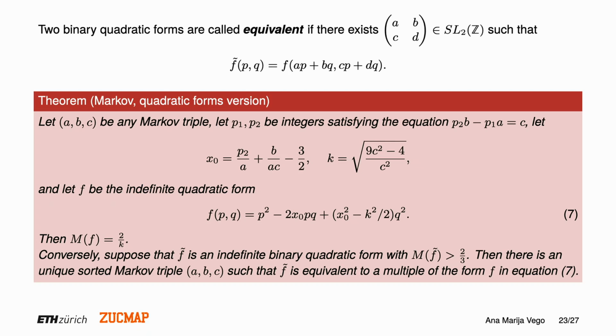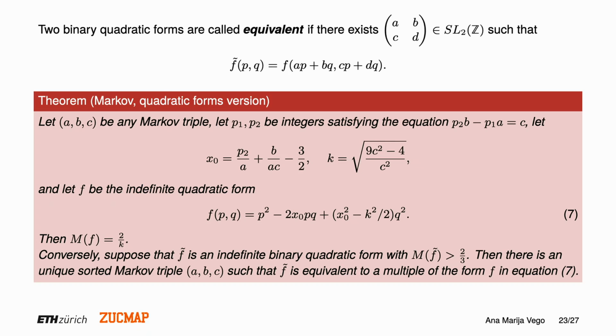And if we let f be this indefinite quadratic form, which depends on x0 and k, it looks like p squared minus 2x0 pq plus some stuff depending on x0, q, and k. And if we have all of this, then m of f is equal to 2 over k.